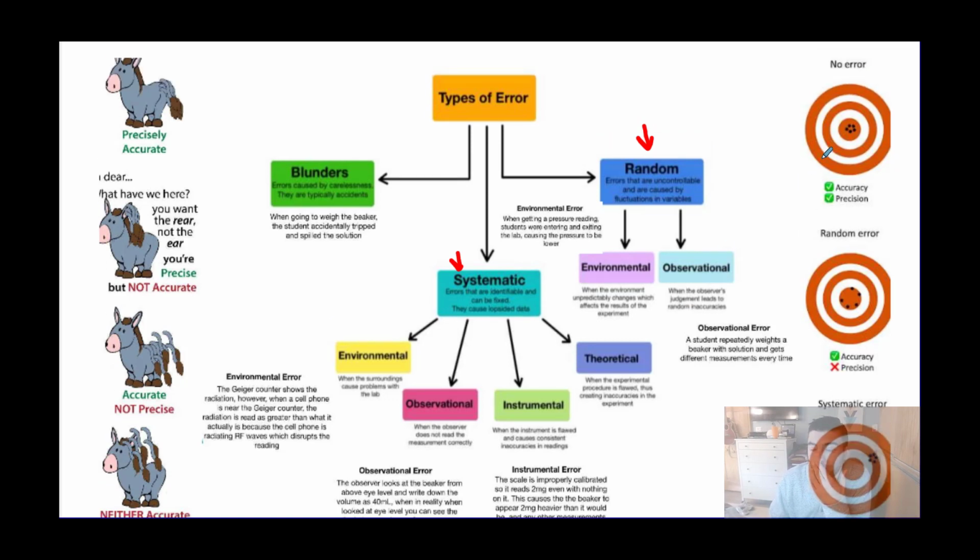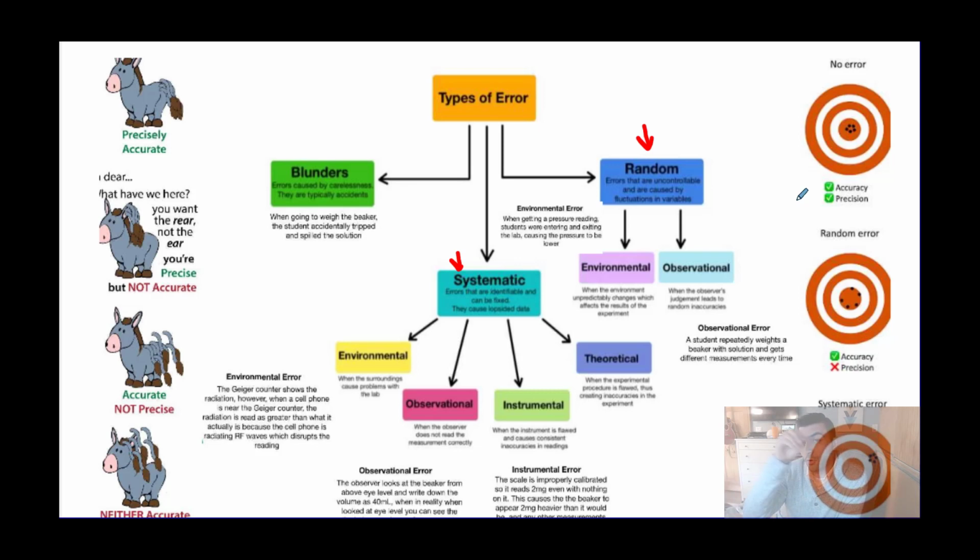But really what we should be familiar with in terms of these errors is looking at, are the errors giving me data that's accurate, precise, or not accurate or not precise? And those terms, although we use them in everyday language to really mean the same thing, in science they don't, right?